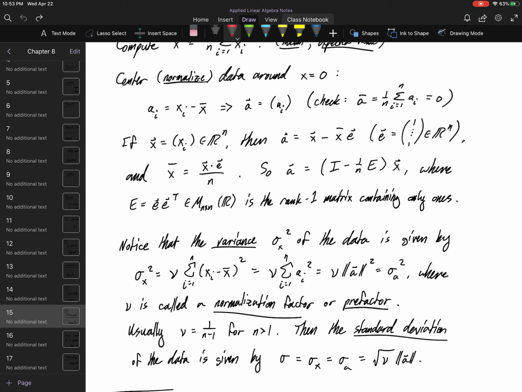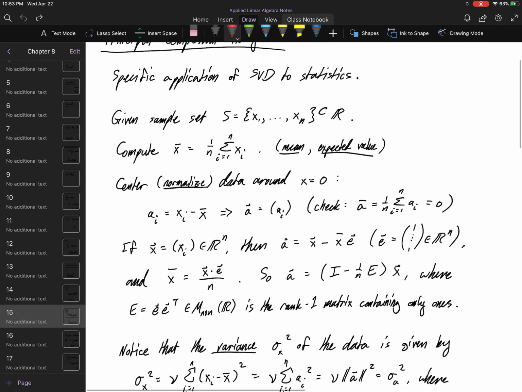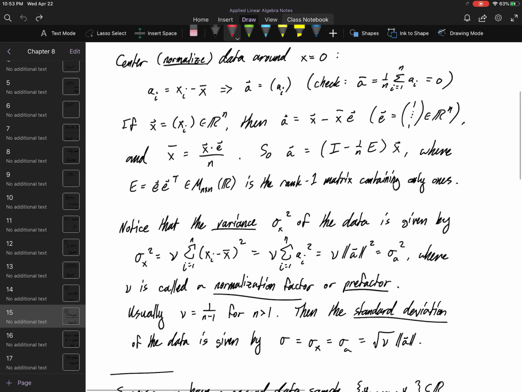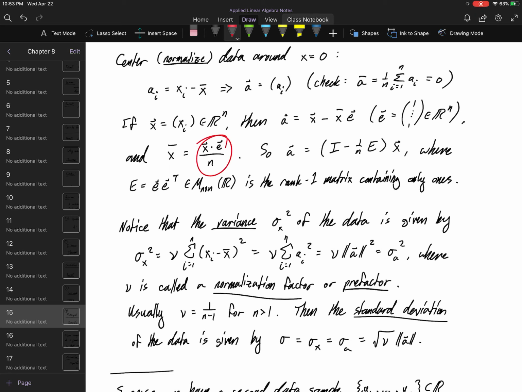More to the point, not only do we get the normalized data out of this vector difference, we can also figure out the mean of the data by taking the dot product of x against this e vector and dividing by n. In some sense, we actually get a brand new inner product on R^n by taking this to be our notion of the inner product. So we actually change the dot product a little bit, much like we did for discrete Fourier transforms.